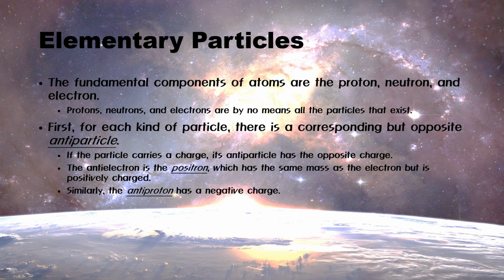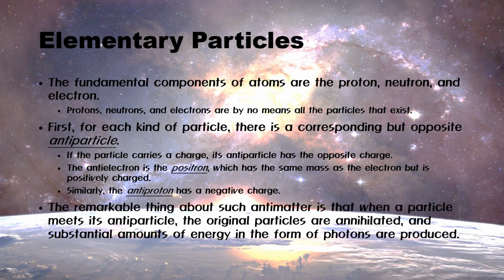If the particle contains a charge, then the antiparticle has the opposite charge. The anti-electron is, of course, the positron, which has the same mass as the electron, but is positively charged. Similarly, we have the antiproton, which has a negative charge. The remarkable thing about such antimatter is that when a particle collides with its antiparticle, the original particles are annihilated and substantial amounts of energy in the form of photons are produced.